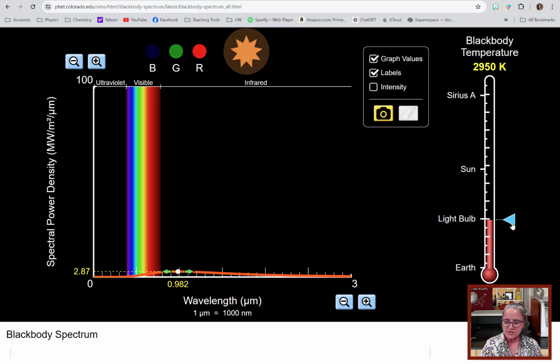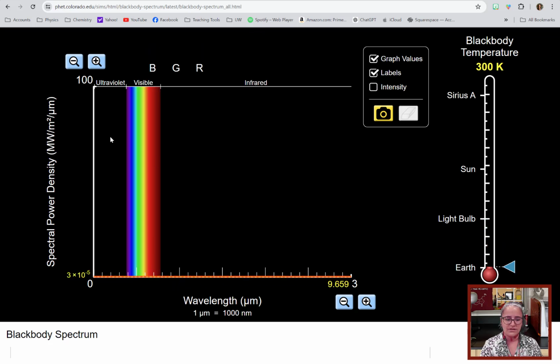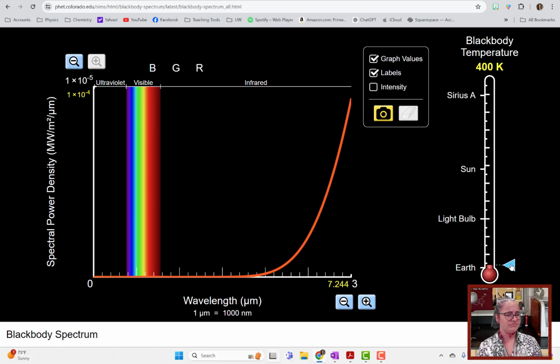And then, of course, we can go all the way down to the temperature of the Earth. And we know that the Earth doesn't give off that much energy, but we can see that little bit there, that little infrared radiation that's given off by things that have temperatures, you know, like us. Wait, so are we considered a blackbody because we give off infrared radiation?